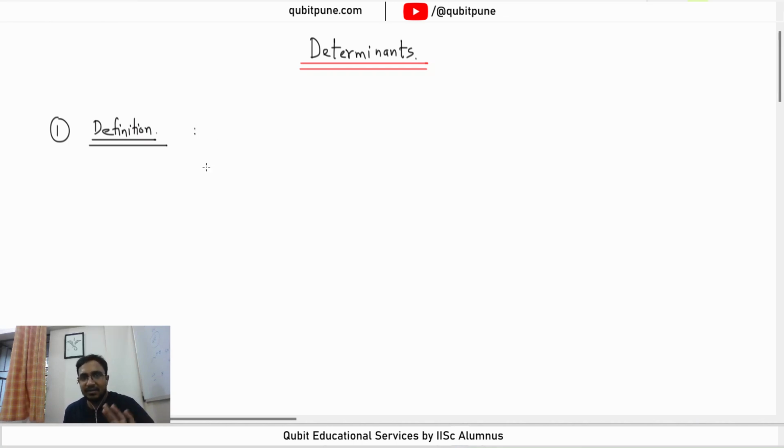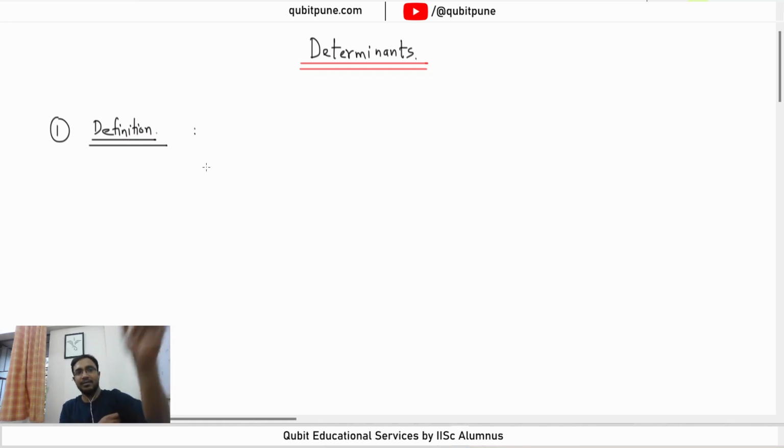Like a matrix, a determinant is also an arrangement of numbers, but unlike matrices where it is always a rectangular arrangement, in a determinant it is actually something we can call a square arrangement because it always has an equal number of rows and columns.